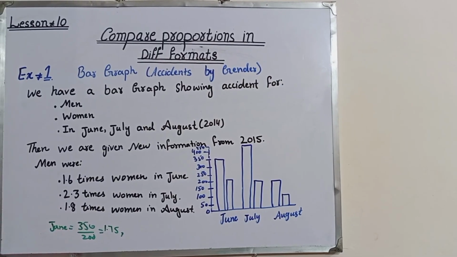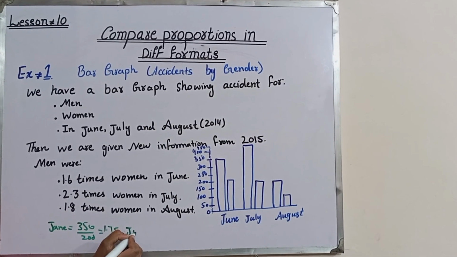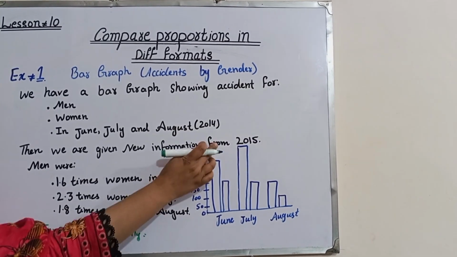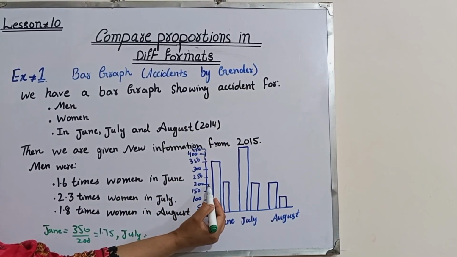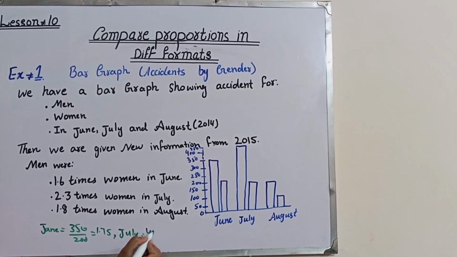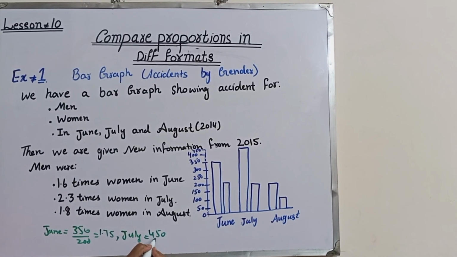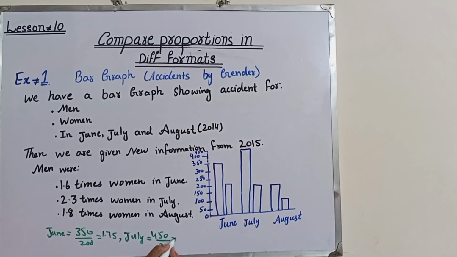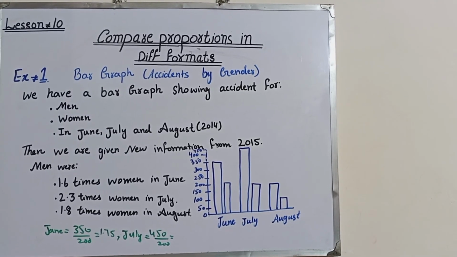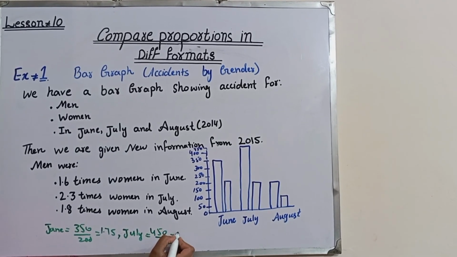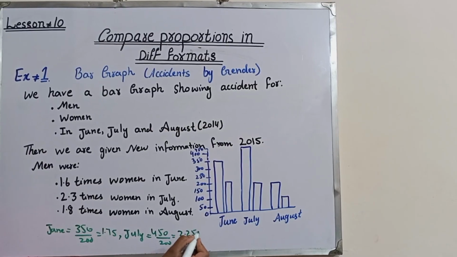Next, in July, 450 and 200. 450 divided by 200, our answer is 2.25.